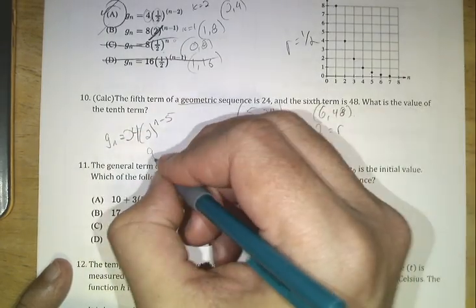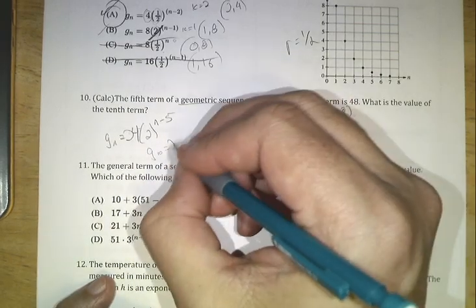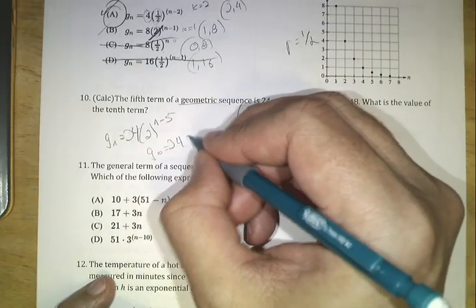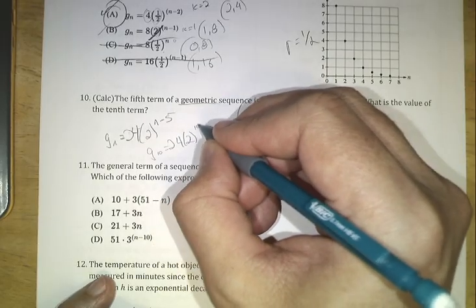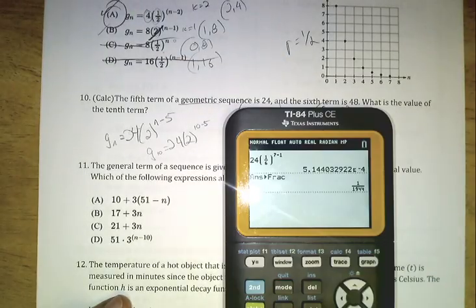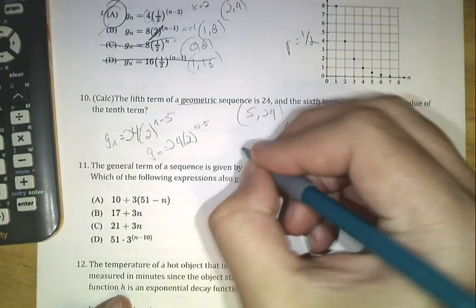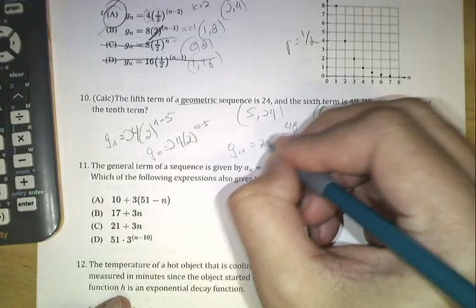We want to find the 10th term, so g sub 10 is 24 times 2 to the 10 minus 5. We can plug that into our calculator. 24 times 2 to the 10 minus 5 is 768. So g sub 10 is 768.